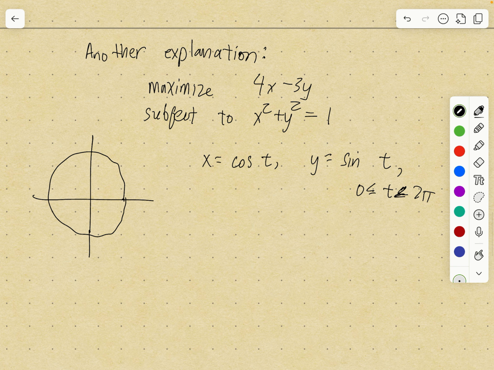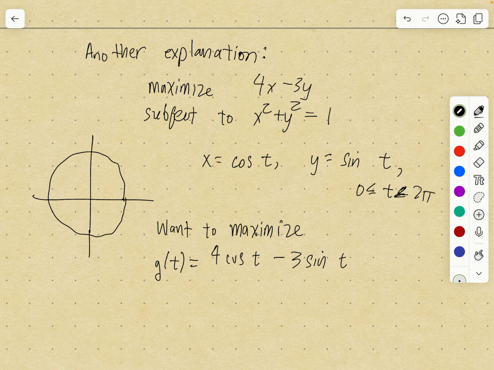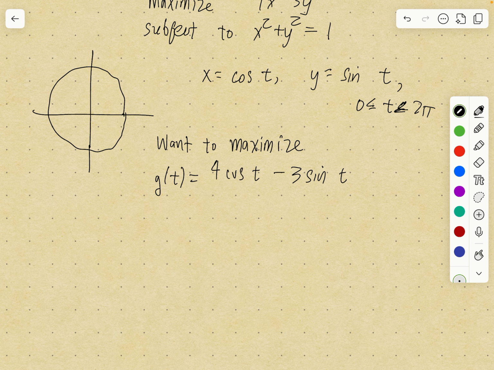So we're trying to maximize 4x minus 3y, but we can describe that in terms of t by 4 cosine t minus 3 sine t. Let's call this function g of t. And now we can just use Calc 1 techniques.